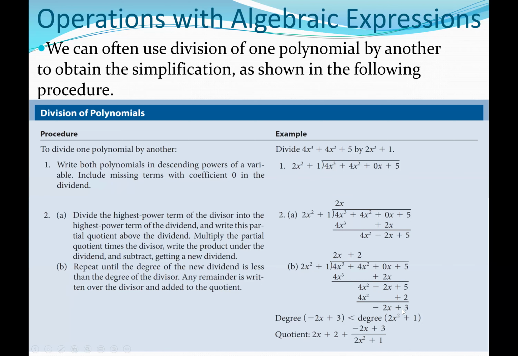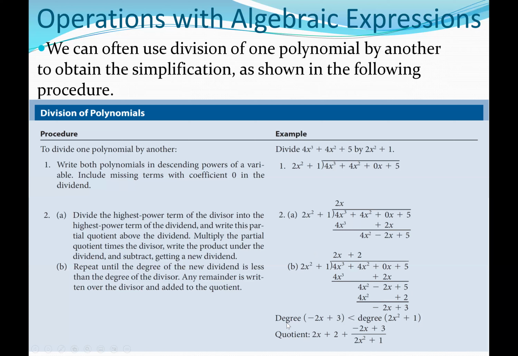Now, when we reach minus 2x plus 3, we can see that the exponent in our divisor is 2, but in our result the exponent is 1, so we stop there. This will be like a remainder. If it were 2, we could continue.